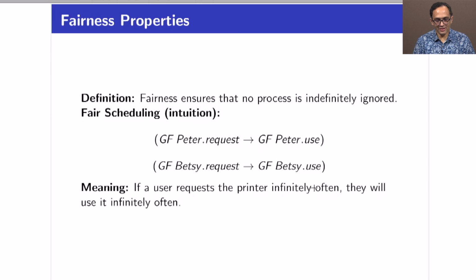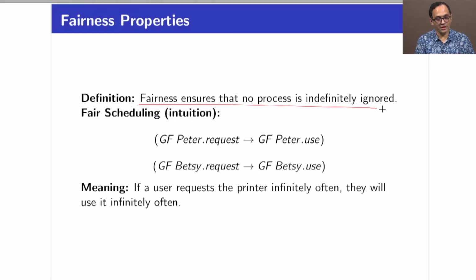And fairness, you can understand, means you are not ignoring somebody all the time, right, or infinitely. So in a scheduling context, or in the printer example, what we have written is that if you request infinitely often, you get a chance to use it, right?